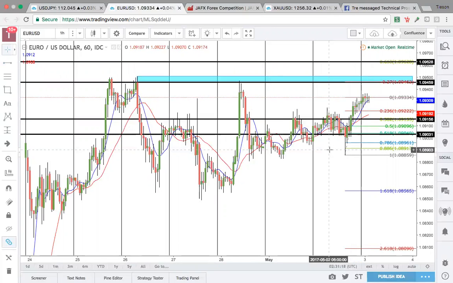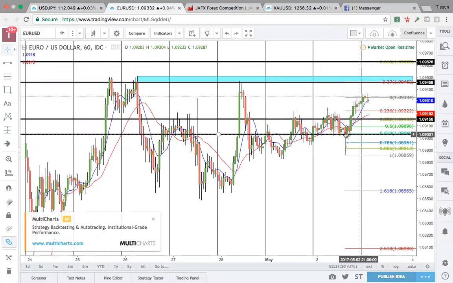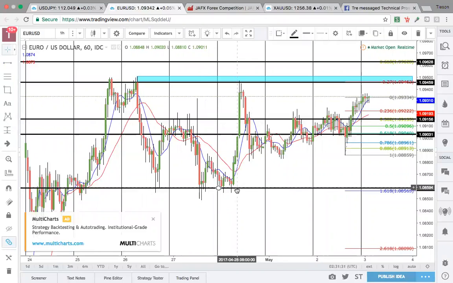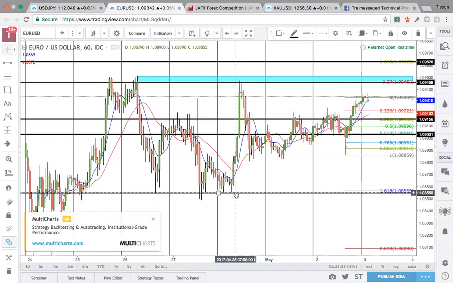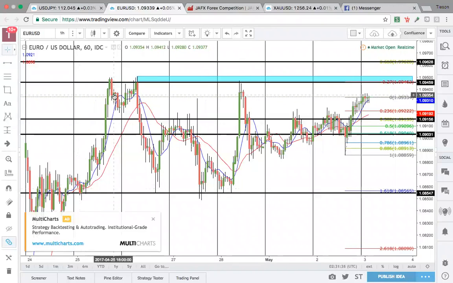Okay. So as you can see, a nice little area of support, a little support over here, tested as resistance, drop. All right, easy enough, right? Support, resistance.